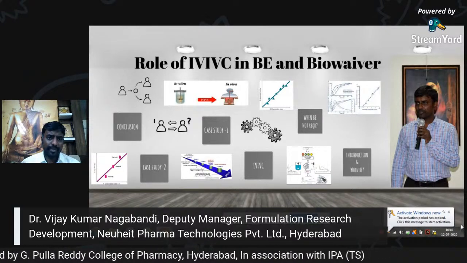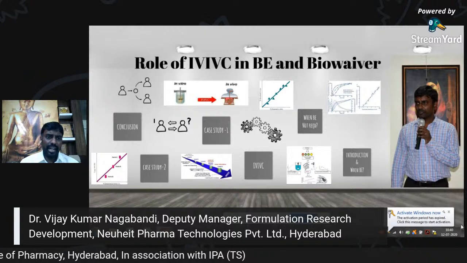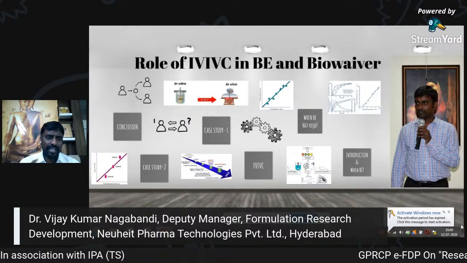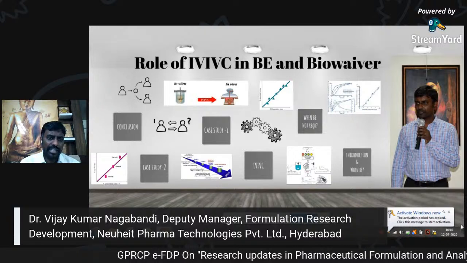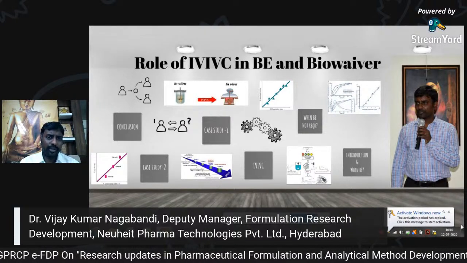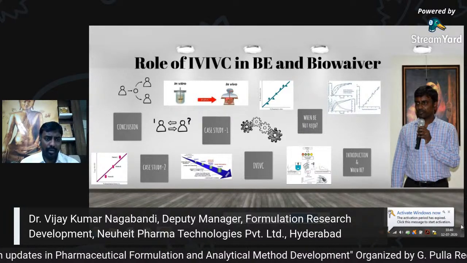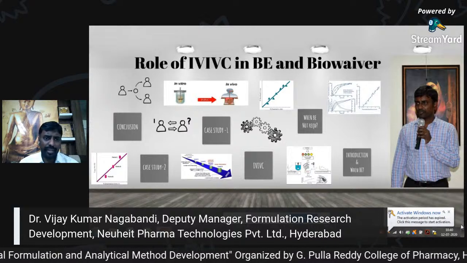The major difference between generic formulation research and innovative research is that the dosage form already exists in the market and clinical efficacy and safety have already been proven. There is no need to conduct all the preclinical trials or the phase 1, phase 2, phase 3 trials.